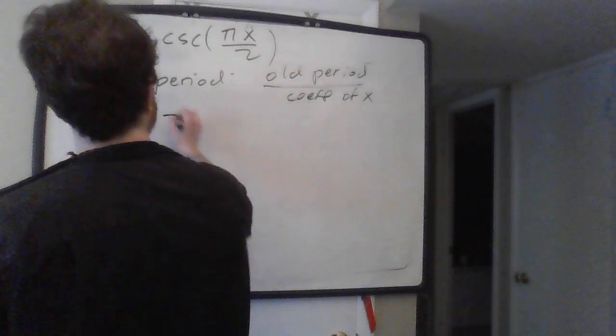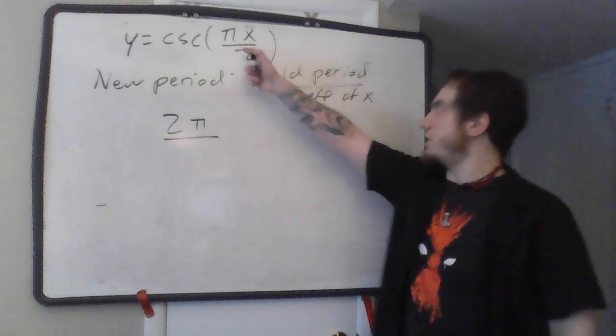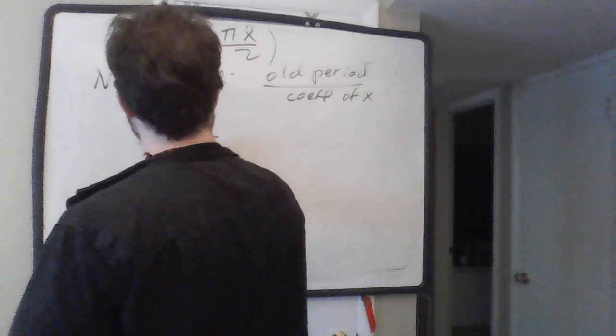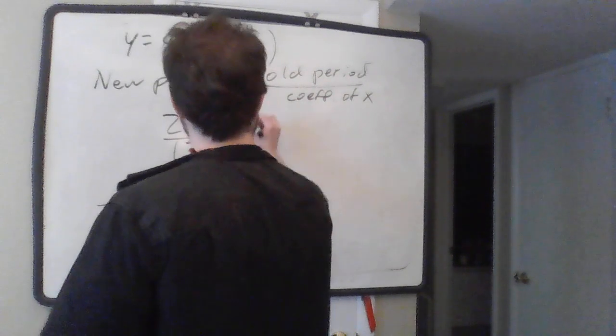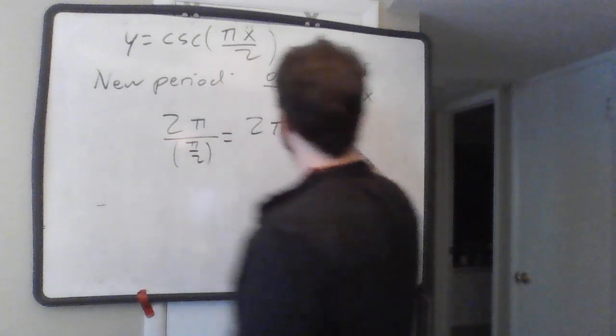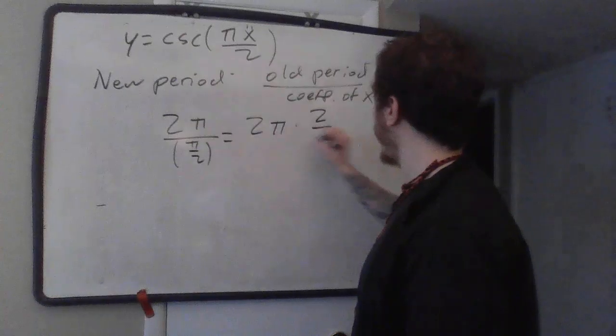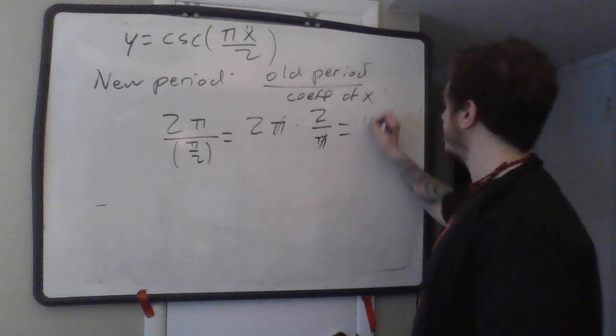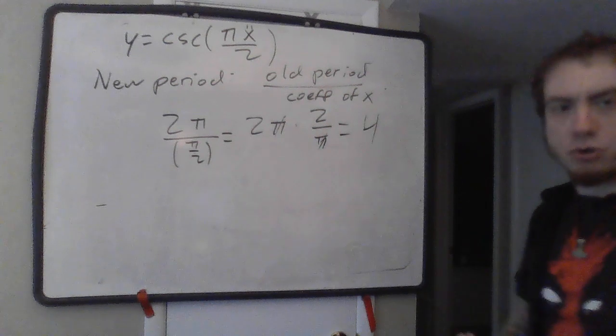The old period was 2 pi, and the coefficient here is pi over 2. So 2 pi divided by pi over 2 is 2 pi times 2 over pi. My pi's cancel, and I get 4 for the new period.